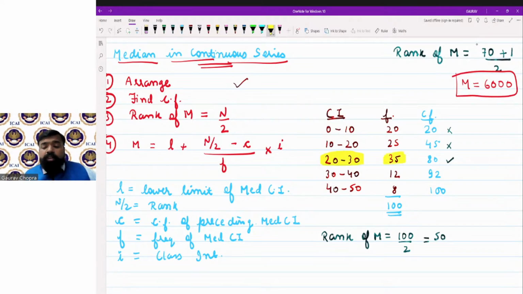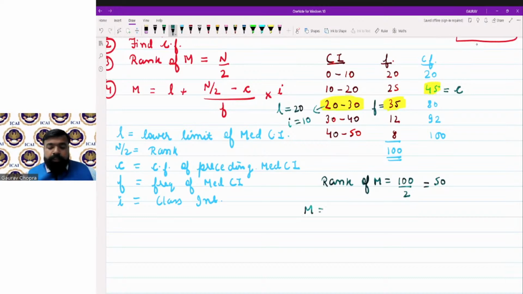Now we require frequency. 35 will be the frequency and 45 will be the C, the cumulative frequency of the preceding class interval. So L equals 20, F is 35, and C is 45. And what is i? i is the class interval, the difference of 20 and 30, which is 10.